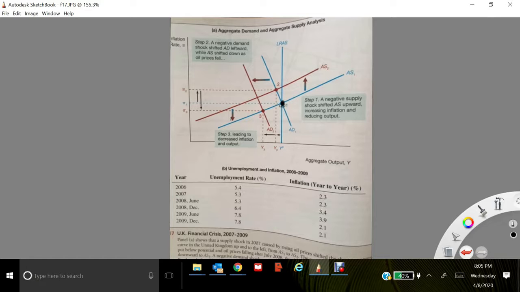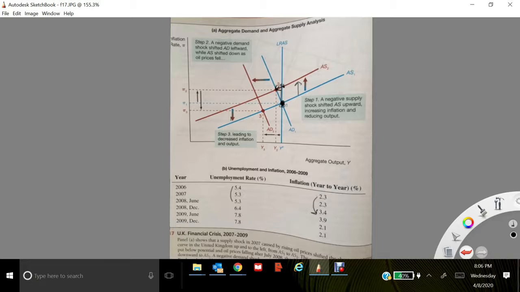And then they also were affected by rising oil prices, the supply curve shifts, and inflation increases. You might say initially unemployment didn't increase, but shortly thereafter unemployment increased. So here you have your increase in inflation.